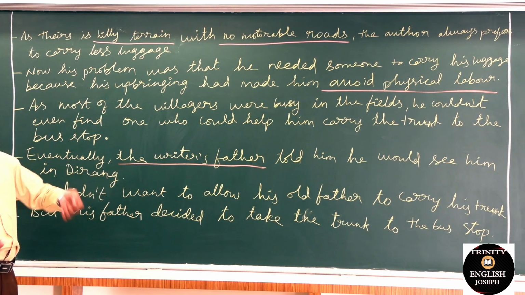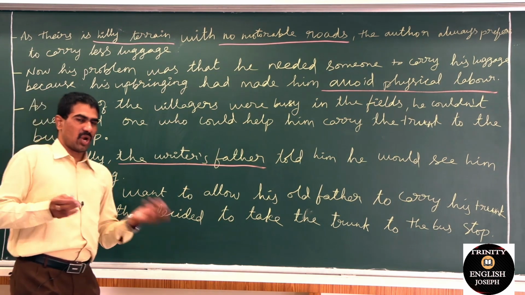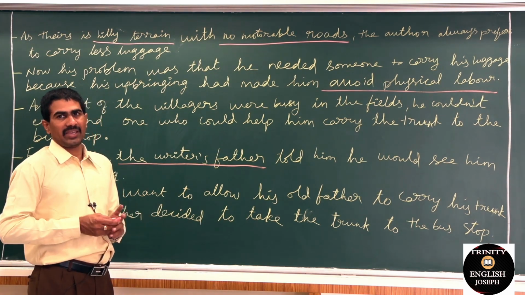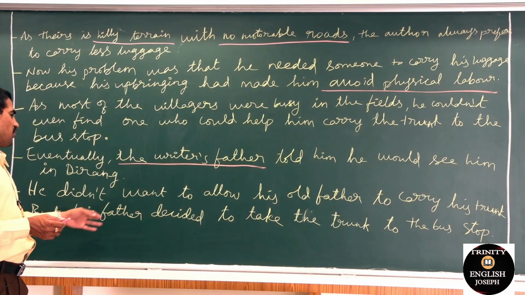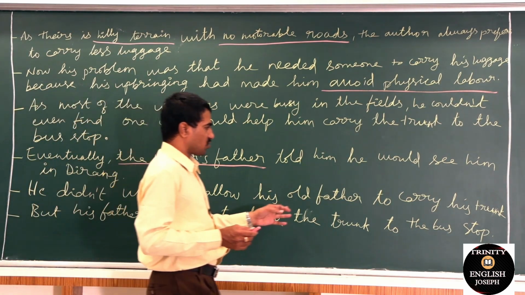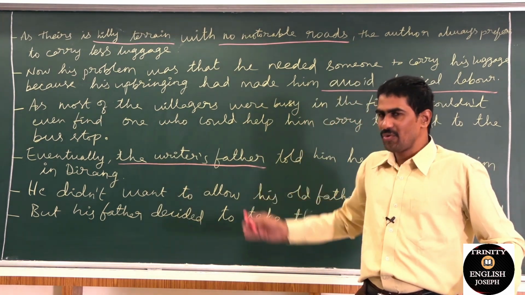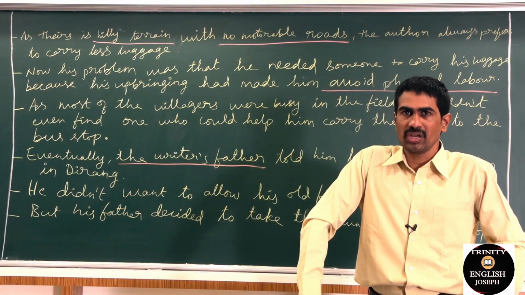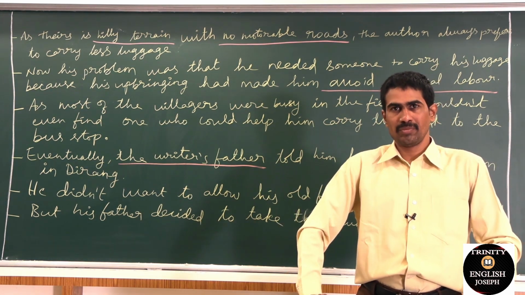I will come along with you, I will carry your luggage, he said. He didn't want to allow his old father to carry his trunk. But his father decided to take the trunk to the bus stop. Though he did not want to allow it, he did not have any other option.